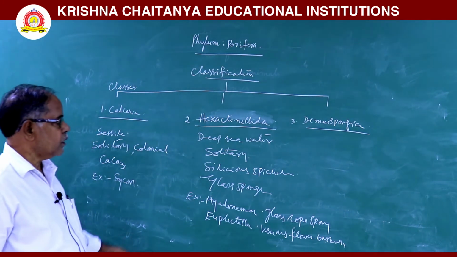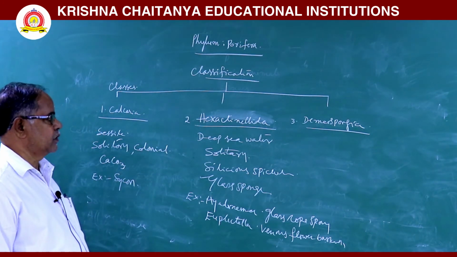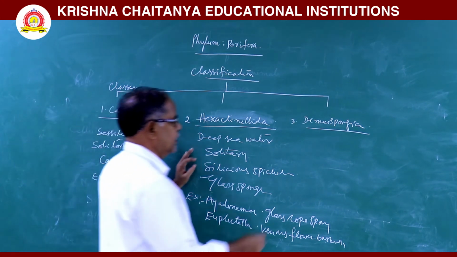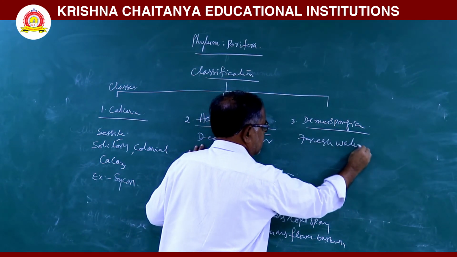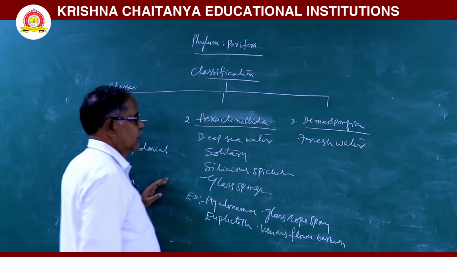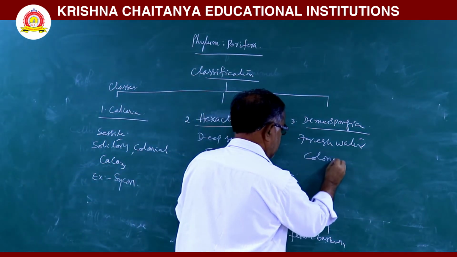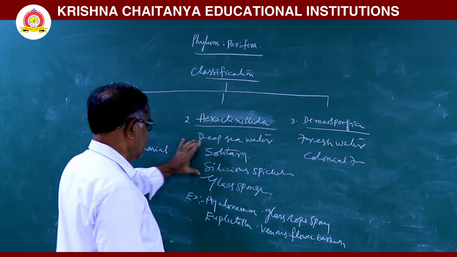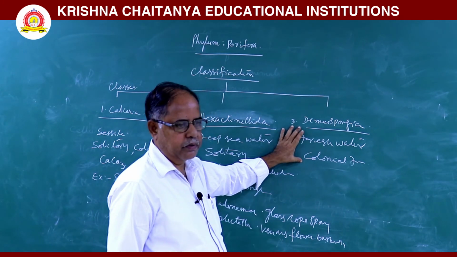Next, Demospongia. These Demospongia live in deep sea water. Most of them are marine. Some are in fresh water. They are colonial form. Here only colonial forms are there.